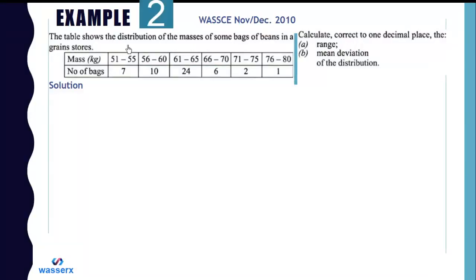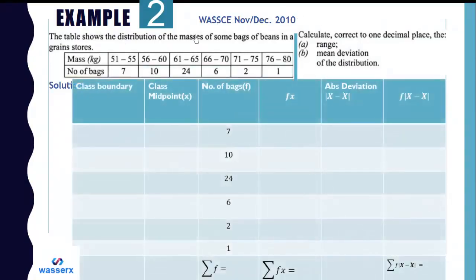The table shows the distribution of the masses of some bags of beans in a grain store. So here is the table. We are supposed to calculate, correct to one decimal place, the range and the mean deviation of the distribution. So let's start. Now let's quickly draw the table. We need to find our class boundary.